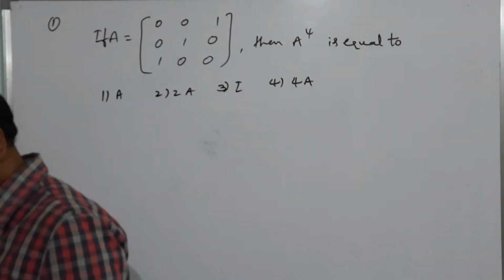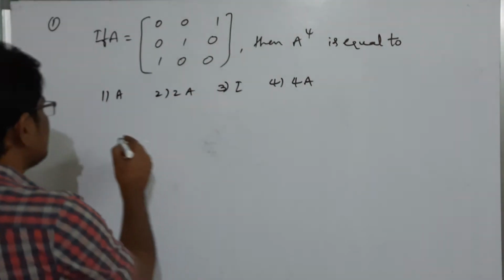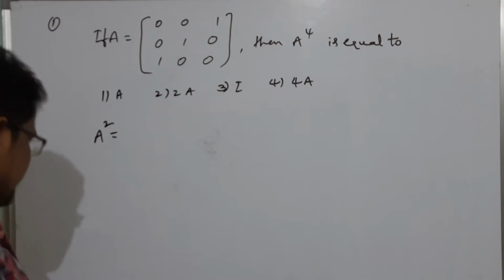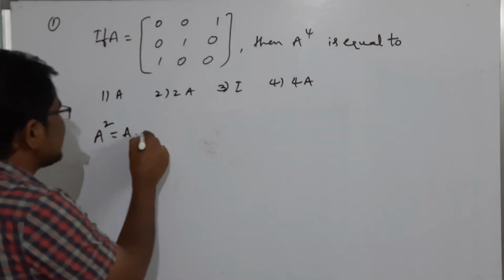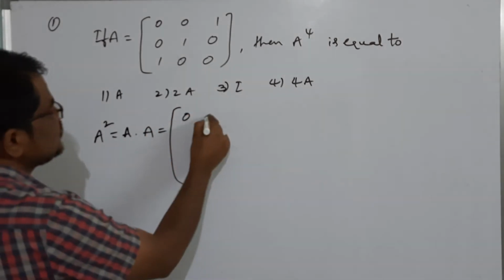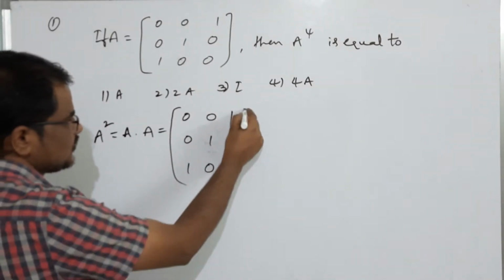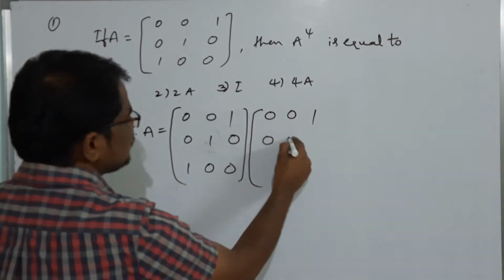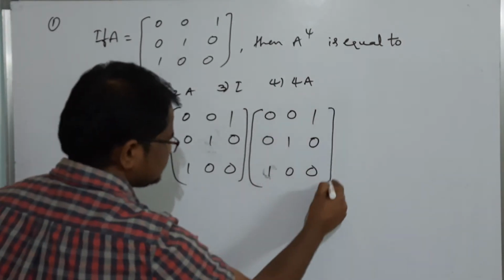Now for this, first we have to find A square. So A square can be written as [0, 0, 1; 0, 1, 0; 1, 0, 0] into [0, 0, 1; 0, 1, 0; 1, 0, 0].